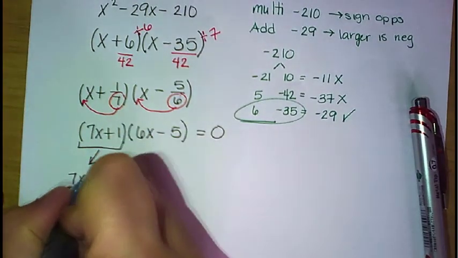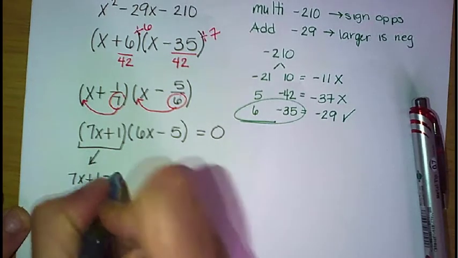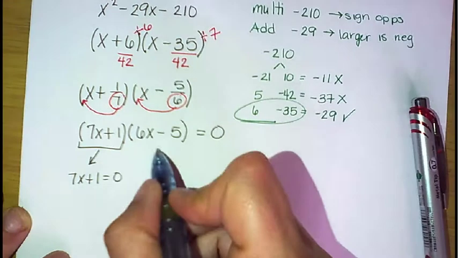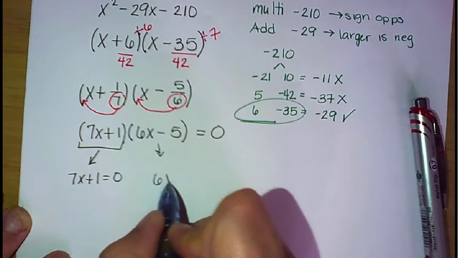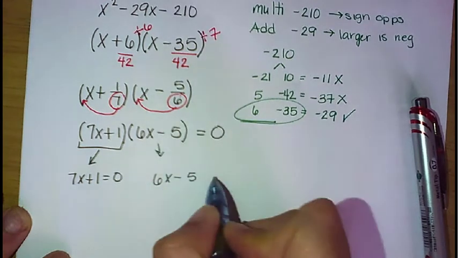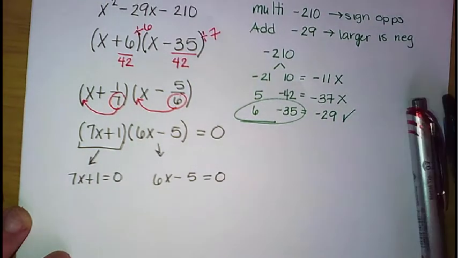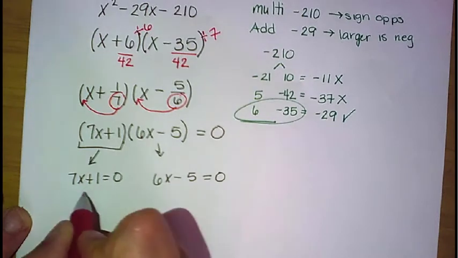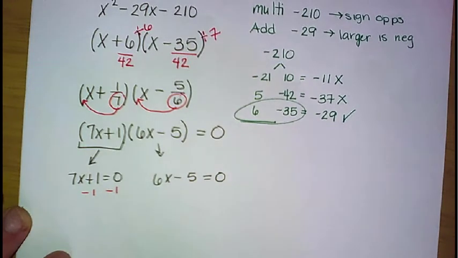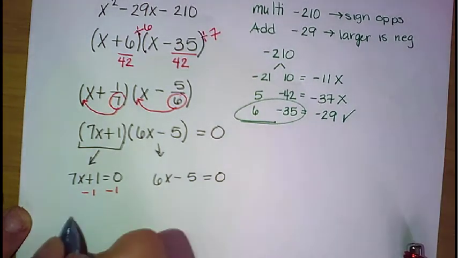So for the 7x plus 1, we're going to subtract 1 from both sides. That's going to give us 7x equals negative 1. And then we're going to divide both sides by 7. And we're going to get x equals negative 1 over 7. So there's our first answer.